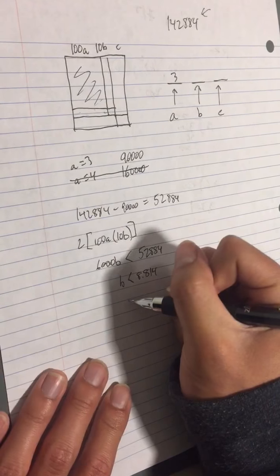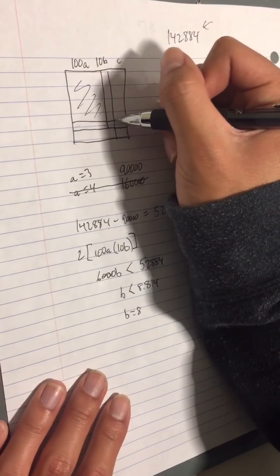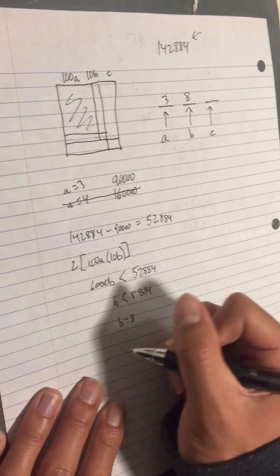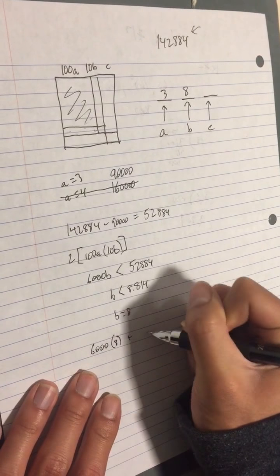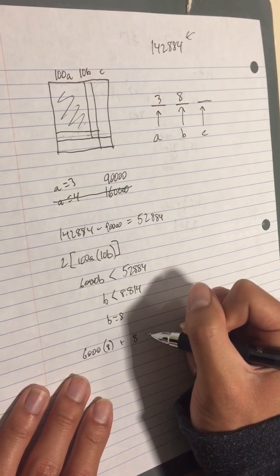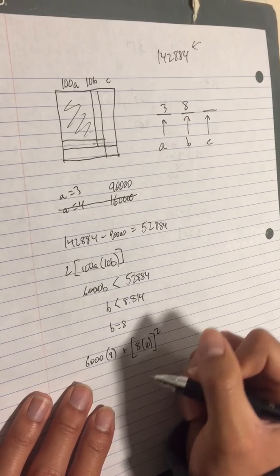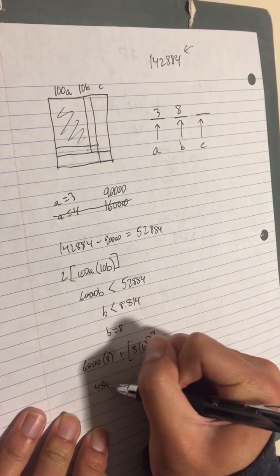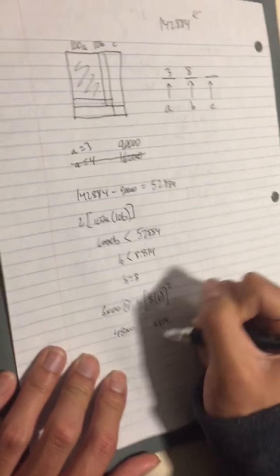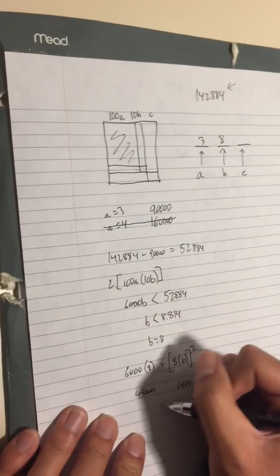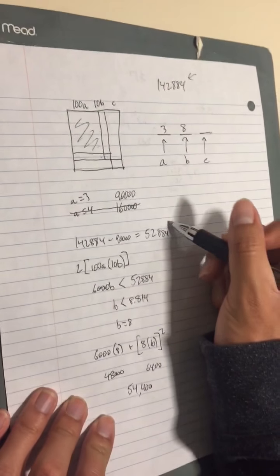So our preliminary thought is that B is equal to 8. Now we have to test it and add in this little square. So it's going to be 6,000 times 8, which is 48 grand, plus that little square, which is going to be 10B squared, 6,400, which added together is 54,400, which is greater than the actual area of the large gnomon.